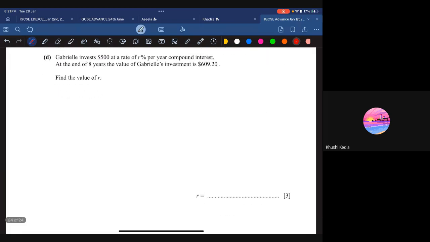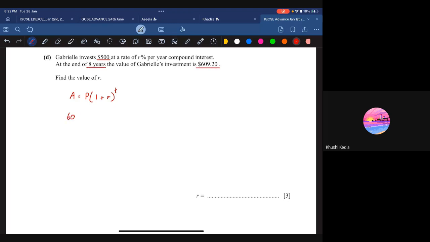Okay, find the value of R. So, the formula is A is equal to P times 1 plus R raised to the power T, where A is the final amount after the end of 8 years, which they're saying is 609.20.